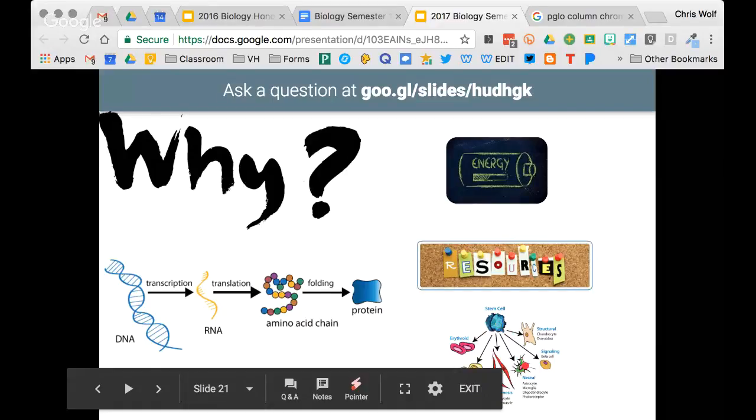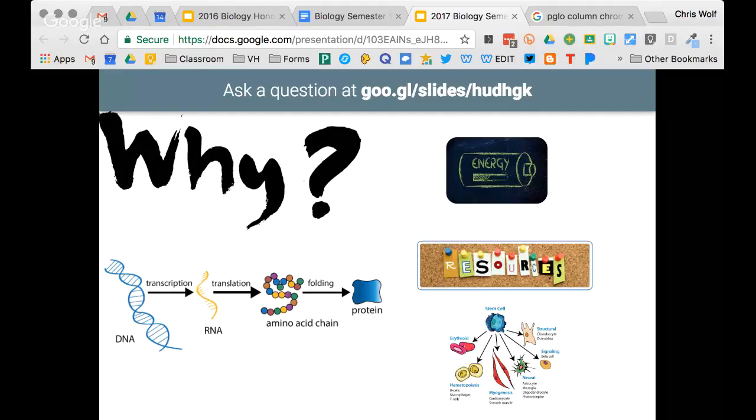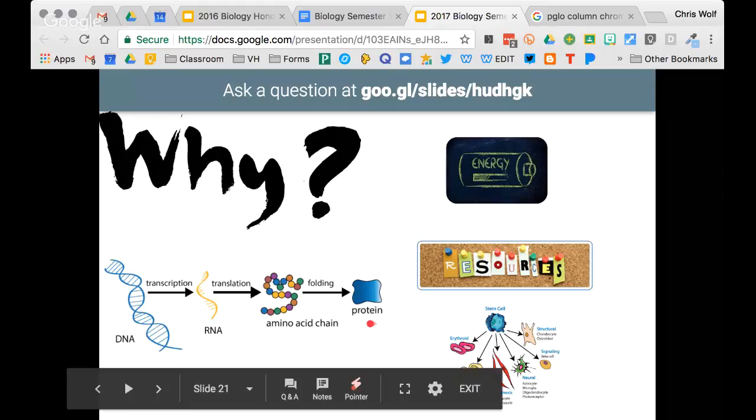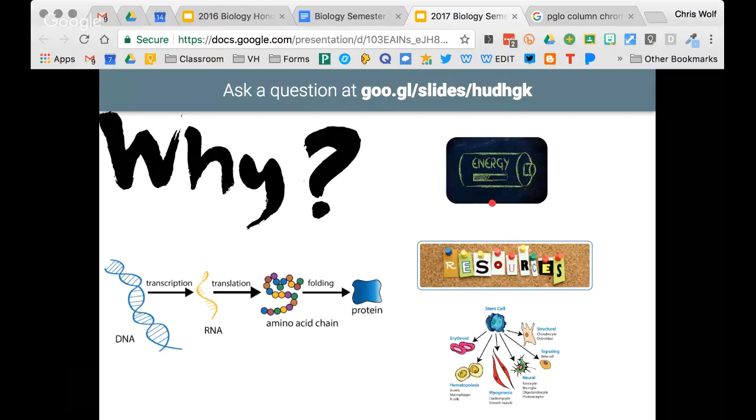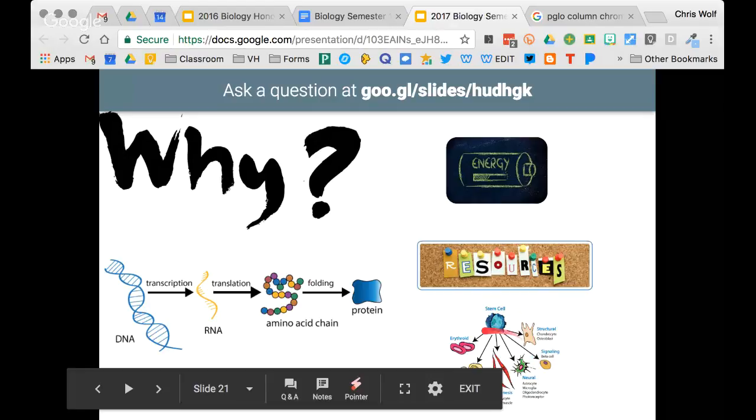How can we take a nerve cell, turn it into a stem cell, and then change it to a blood cell with the right type of chemicals to turn the genes on that we need to turn on? And that would be a huge breakthrough in medical science. So why do cells control gene expression? One, so they don't waste resources and waste energy. And then two, so they can become the right kind of cell, produce the right kind of proteins to be the cell that they are.